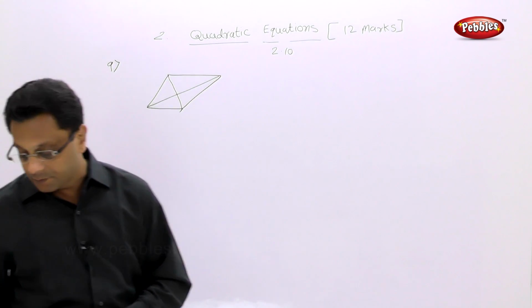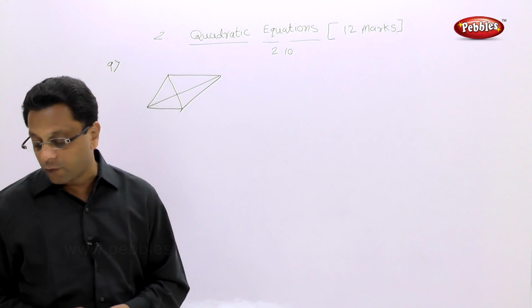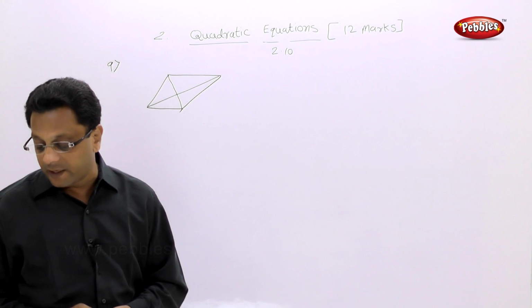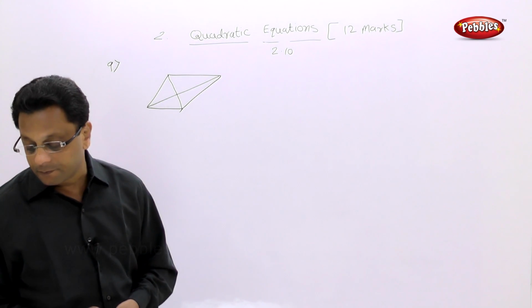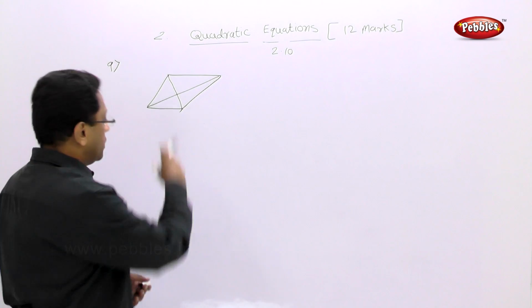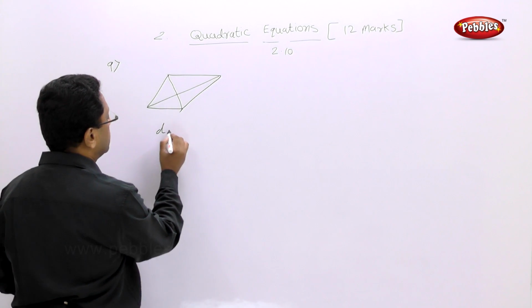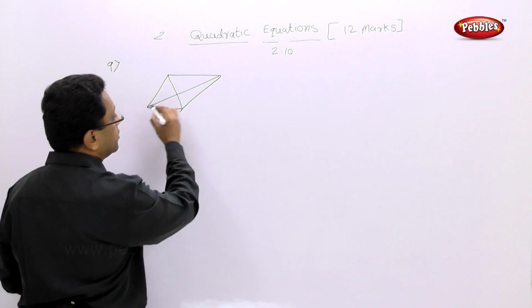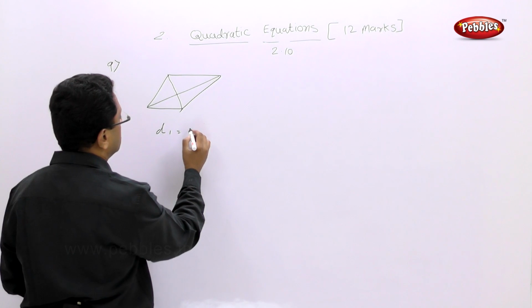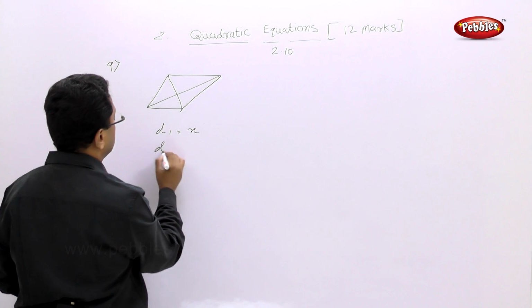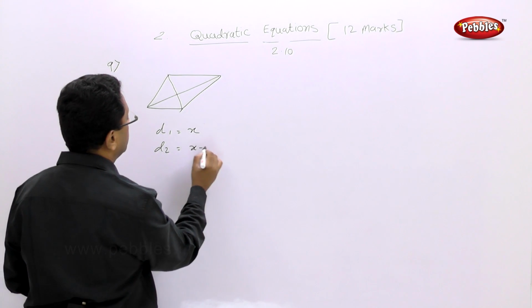They say that the length of one diagonal of the rhombus is less than the second diagonal by 4 centimeters. If D1 is x, D2 will be x minus 4.